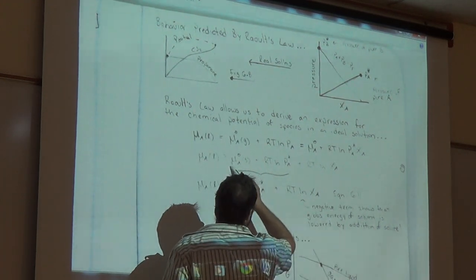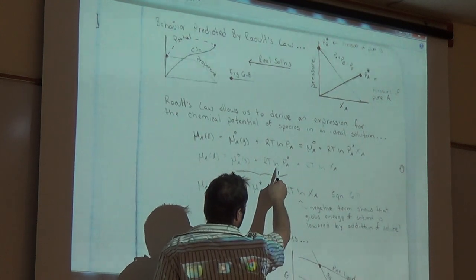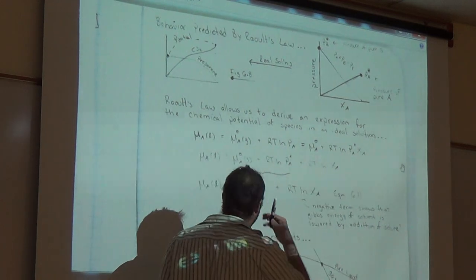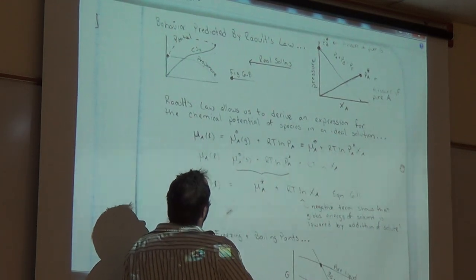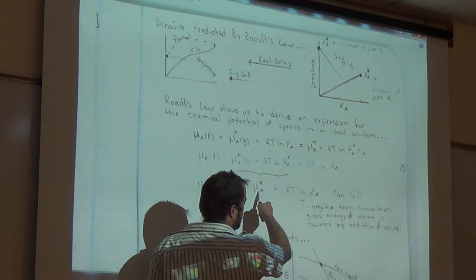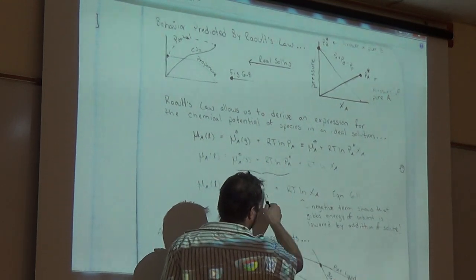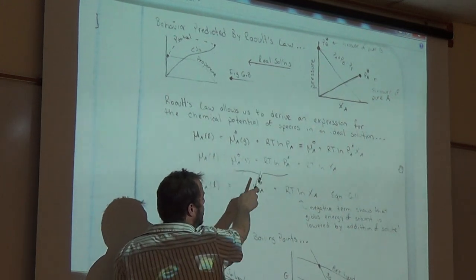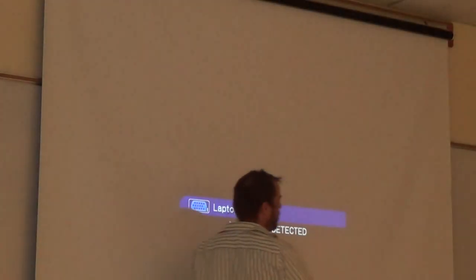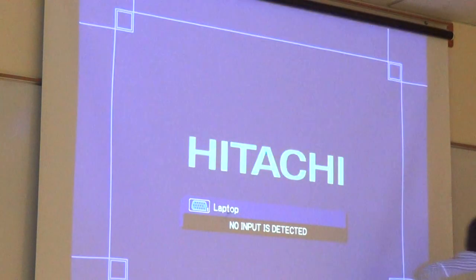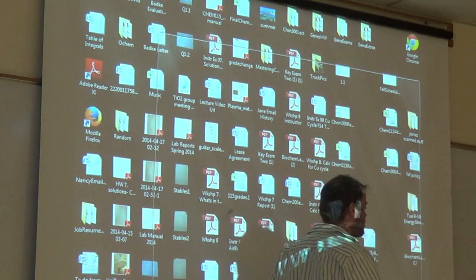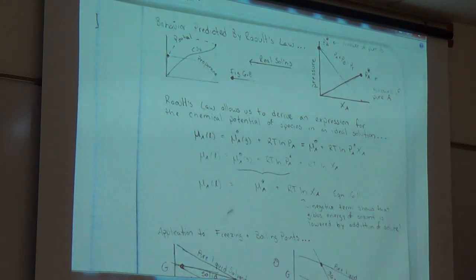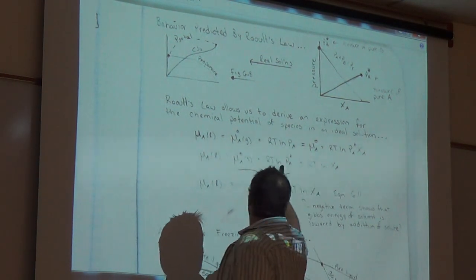These two terms, mu naught and RT ln P of pure, can be combined into one expression we'll call mu star. And so we get the expression that the chemical potential of the liquid is mu star plus RT ln of the mole fraction. This mu star is again not the chemical potential at 1 atmosphere; this is the chemical potential at the vapor pressure.